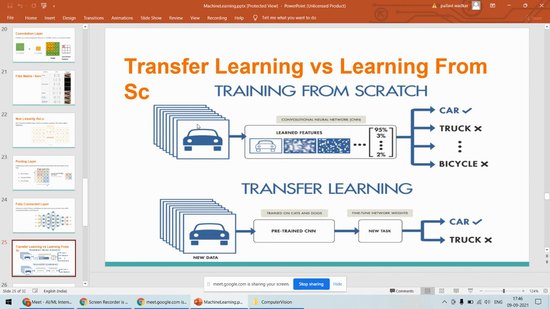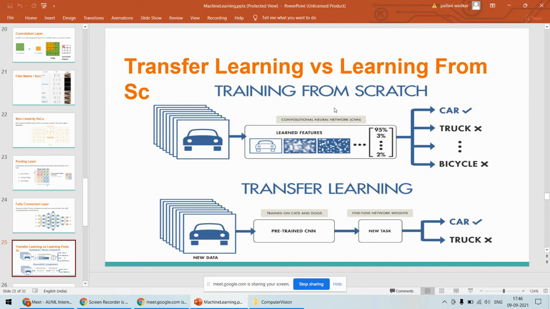So, we will have a data set of our images, and it will go through the convolution layer, then ReLU, then pooling layer, and after that the fully connected neural network, and everything will happen just like I have shown in the previous case. And after that the network will train. This is called training from the scratch or learning from the scratch.